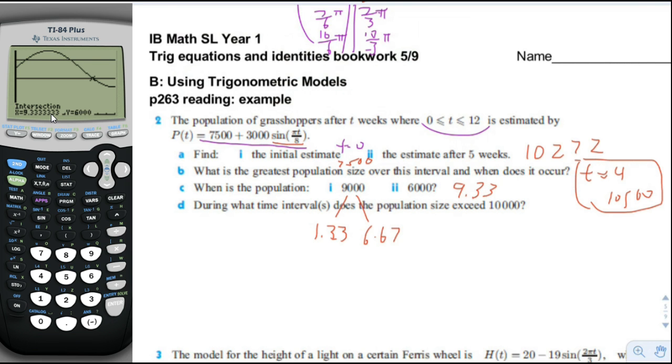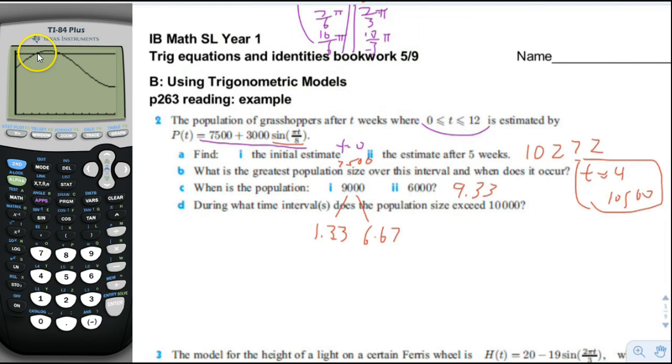During what time interval does the population exceed 10,000? So let's see. Let's make one more line, or we can get rid of these lines. We'll just make a line that's 10,000 now, because we want to know when is it more than 10,000? Oh, graph. Okay, there's 10,000.